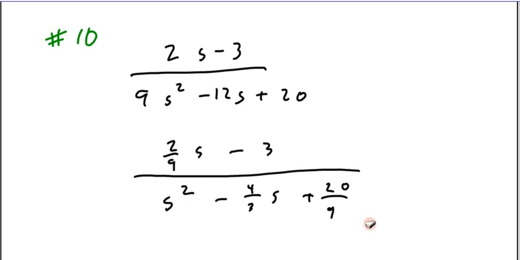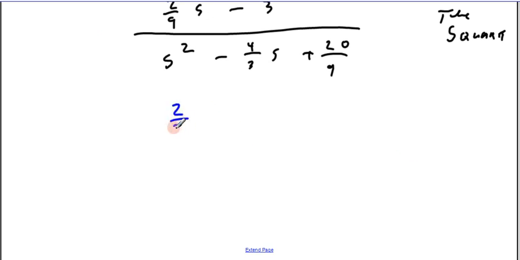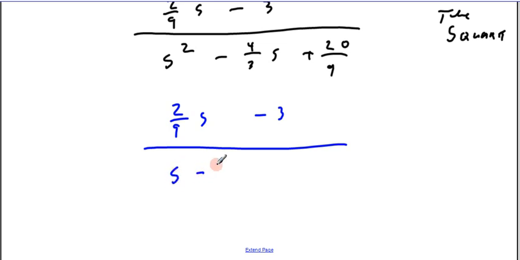We're going to complete the square again. And now what are we going to have? We're going to have 2 over 9 s minus 3 divided by s minus 2 over 3 squared minus 4 over 9 plus 20 over 9.